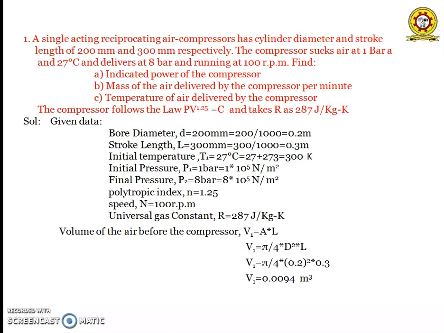The first problem is a single stage reciprocating air compressor has cylinder diameter and stroke length of 200 mm and 300 mm respectively. The compressor sucks air at 1 bar and 27 degrees centigrade and delivers at 8 bar and running at 100 rpm.